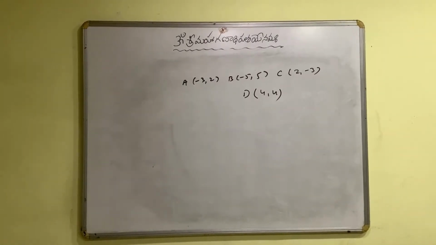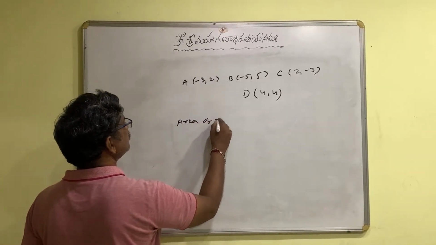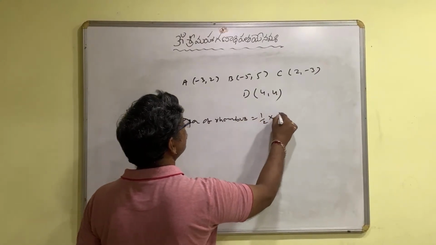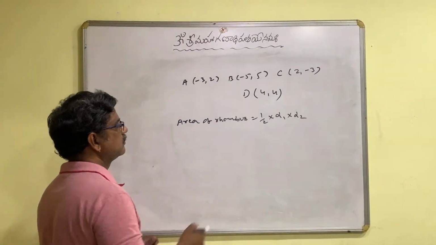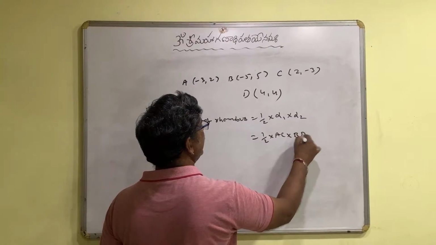We know the area of a rhombus is equal to half d1 into d2, which is half AC into BD.